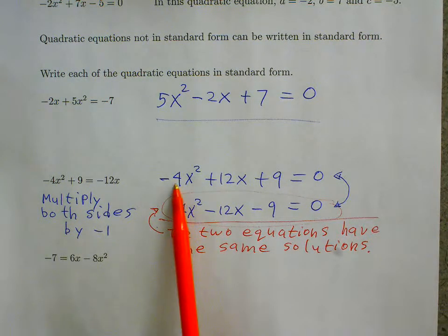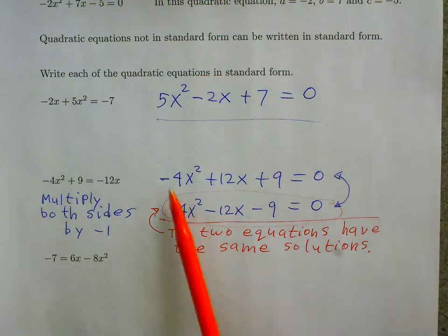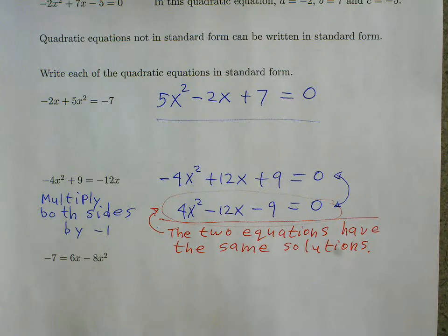You can leave the coefficient of x squared negative if you want, but the arithmetic involved will be a little bit trickier because of that leading negative coefficient. So you can avoid that by writing the standard equation so that the coefficient of x squared is positive. It's not required, but it's, in my opinion, less problematic.